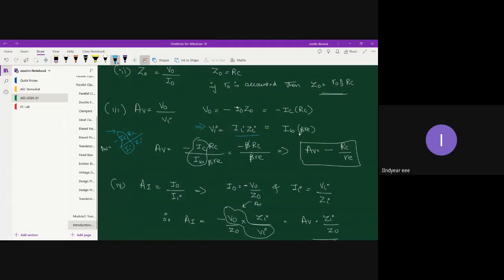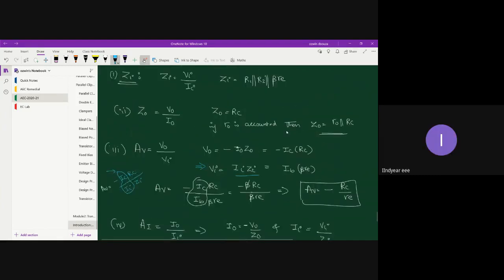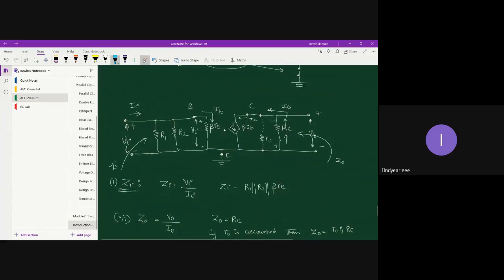Sir, my doubt is why are we not considering R1 and R2? That's because, through beta RE, which current flows? IB flows. This current IB will not flow through R2 and R1, so I cannot consider R1 and R2, because the current through R1 and R2 is something else.